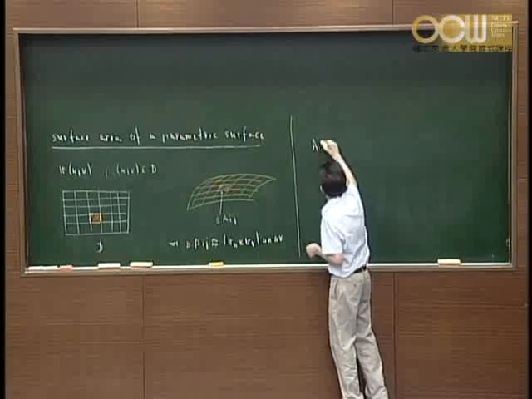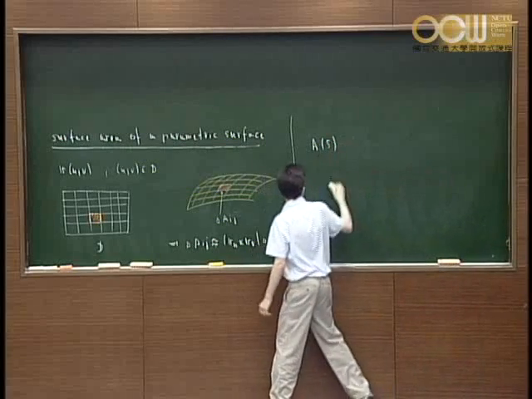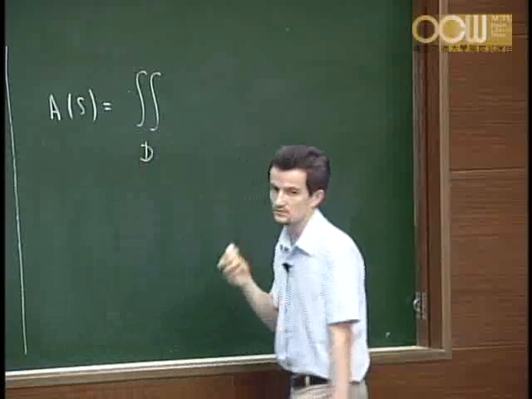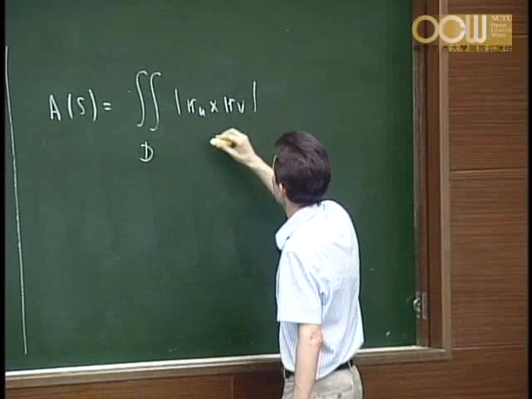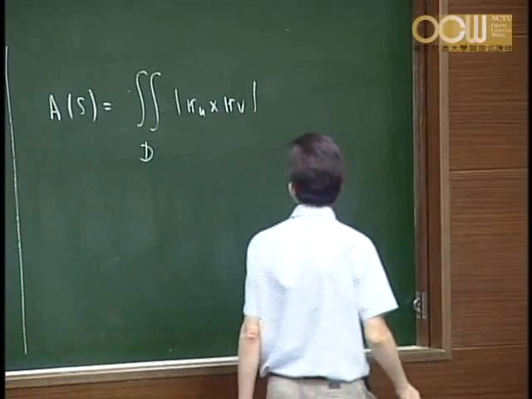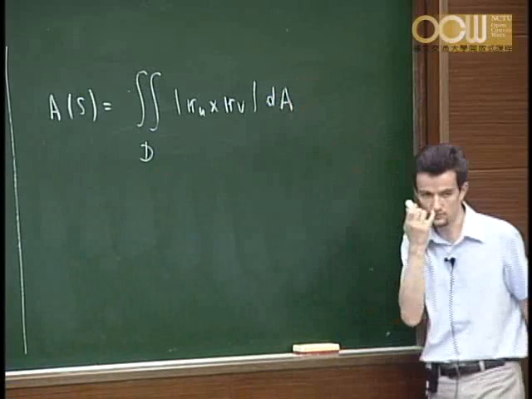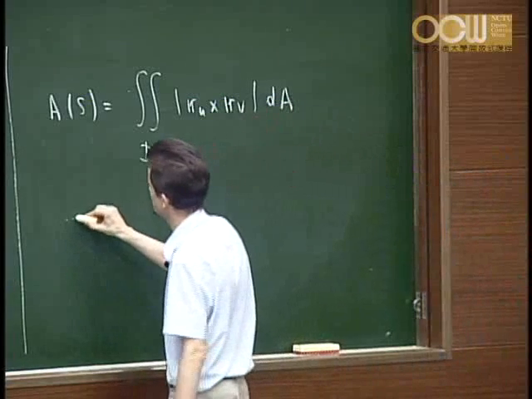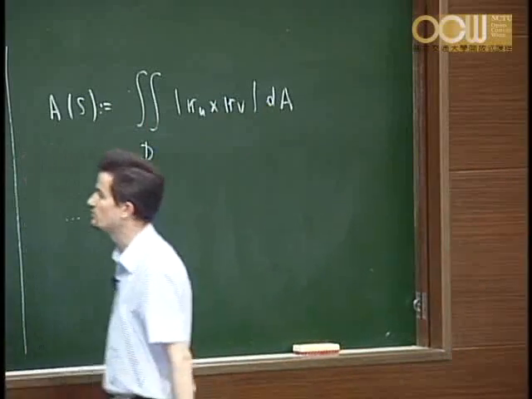So you see that we are going to define the surface area of this parametric surface as the double integral over D, and then you just sum over the lengths of those vectors, the cross product of r_u with r_v. You compute this double integral, and this will be the definition, or the way we can compute the surface area.